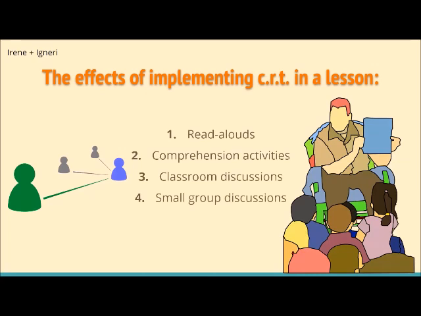If we implement all this in the students' learning experiences, students will be more motivated, more talkative. They will share their experiences based on their backgrounds. They will be more willing to learn also from other students.